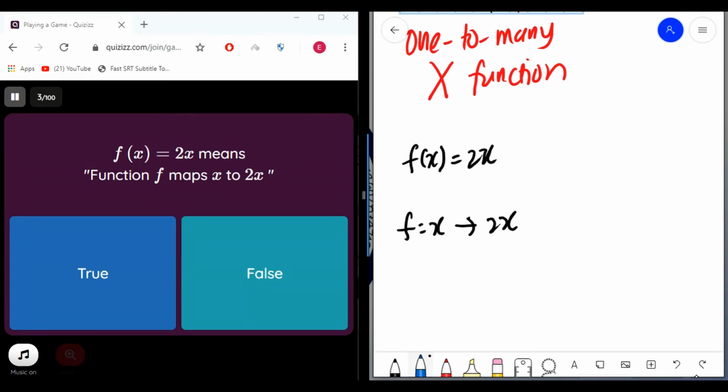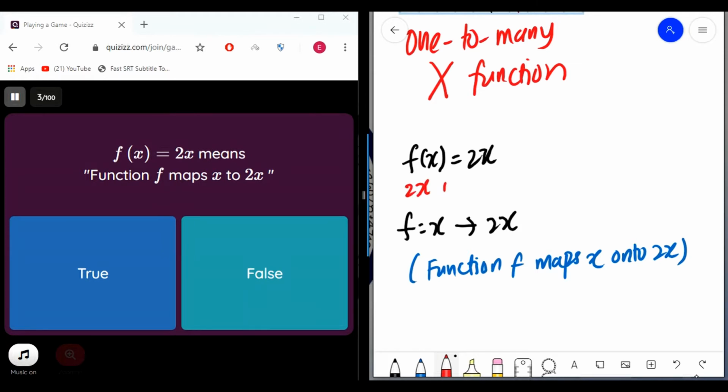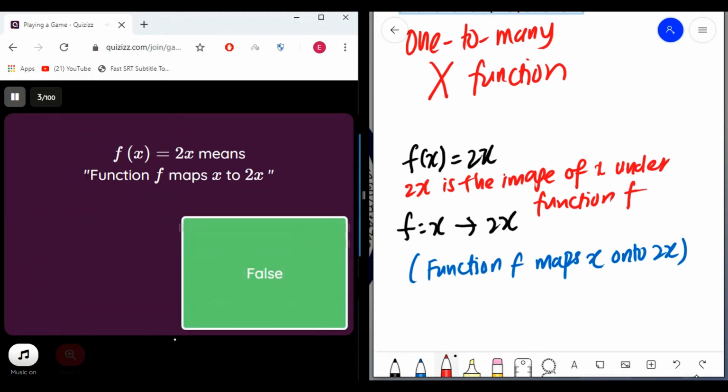The one with the arrow means function f maps x onto 2x. While the one with the equal sign means 2x is the image of x under function f, or like how I read it earlier, f of x equals 2x. So the statement is false.